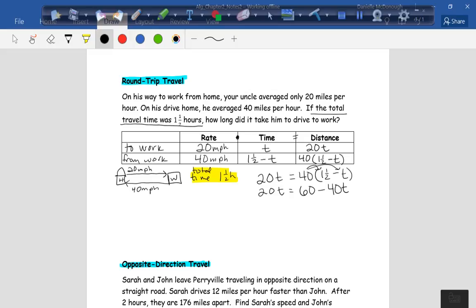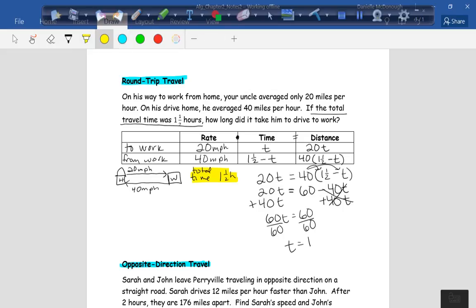Now if you notice, I have variables on both sides of my equal sign again. And so I'm going to move this 40t over to the other side with the 20, so plus 40t. That crosses out. I have 60t is equal to 60. I'm going to divide by 60 to solve for t. So t is equal to 1. What that tells me, I'm going to go back up to my table now.